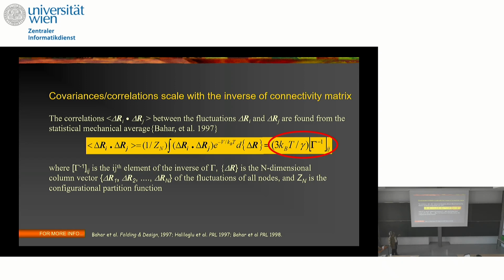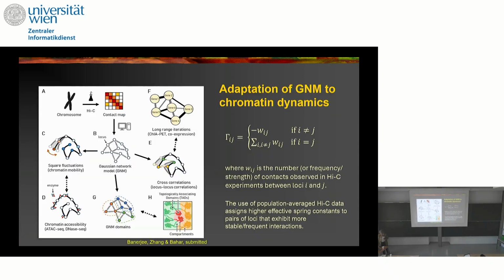So in principle, the covariance is the reciprocal of the connectivity matrix, or vice versa. Now, in the application to the 3D genome, this is a recent review that will soon appear, I assume.